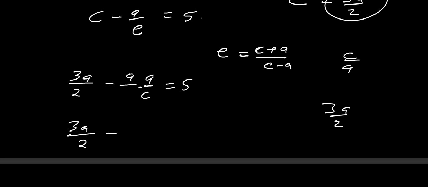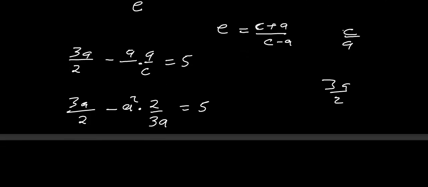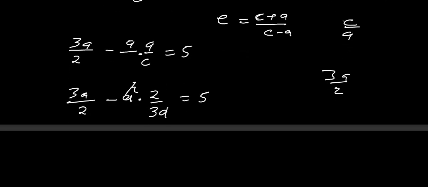Then C we've said is the same as 3A over 2. Because C is at the bottom, I'm writing A times A, that's A squared, and since it was down and I'm changing to multiplication, it becomes 2 over 3A. So 1A here goes with 1A there.